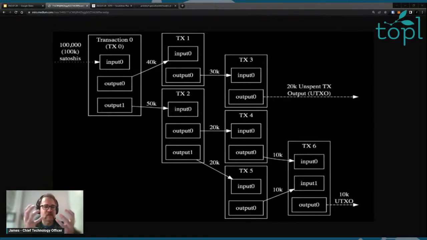Because like I said, with statelessness, the state that you need to process the validation to know if this thing is valid is all encapsulated. And that idea of encapsulation is one that UTXOs are really good at.